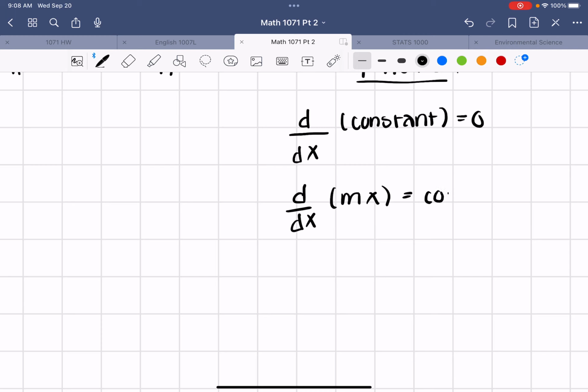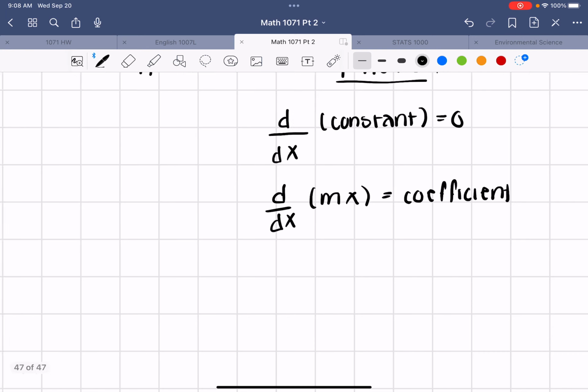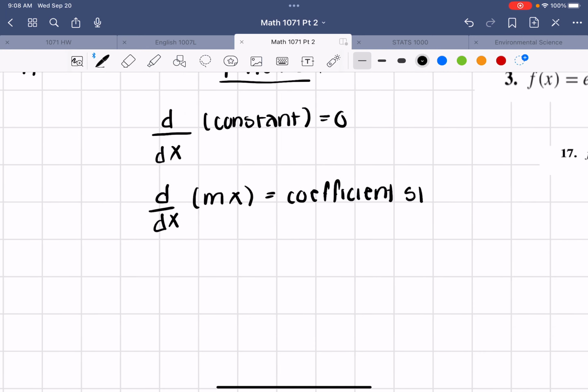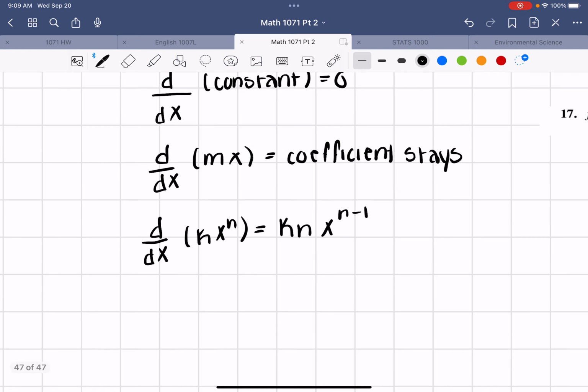And the derivative of x is just 1. Then we've got this power rule. Say you've got a coefficient of k, and you've got x to the nth power. Well, the coefficient stays. The old power becomes a new coefficient. The new power is 1 less. So we've been evolving these patterns from our definition. And then on Monday, I just threw in a couple more.